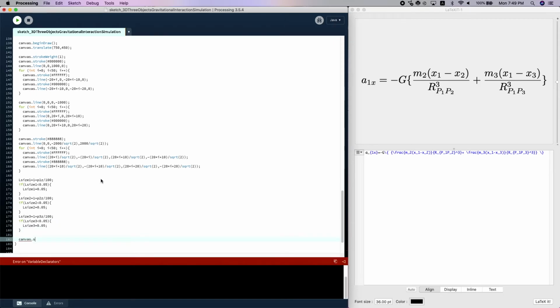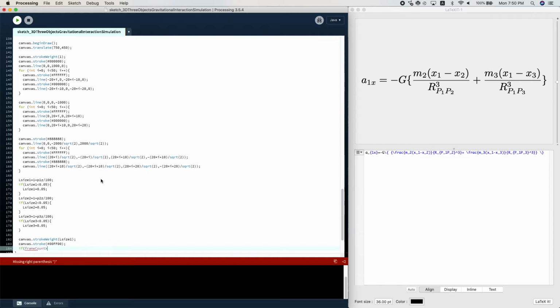Now all we have to do is draw those lines. So I'm going to set the stroke weight as L size of 1. And again, it's object 1, so we need green. So 0, 0, FF, 0, 0. And then I'm going to say if the frame count, only if the frame count is 1.